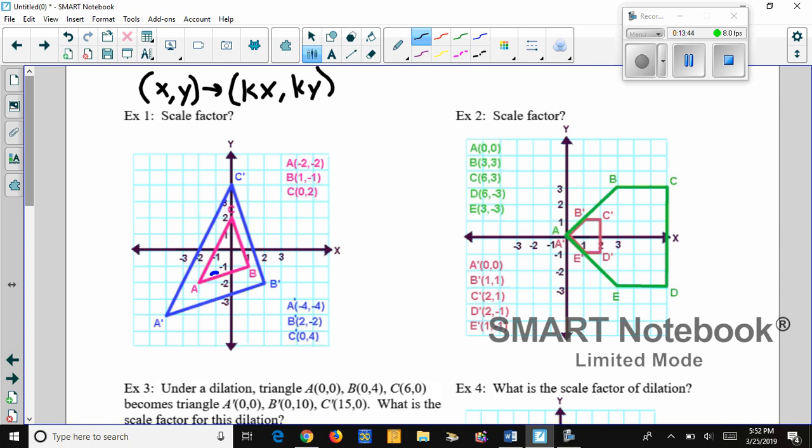So let's see if we can figure out, say, how they took A, which was -2, -2, and turned it into A prime of -4, -4.